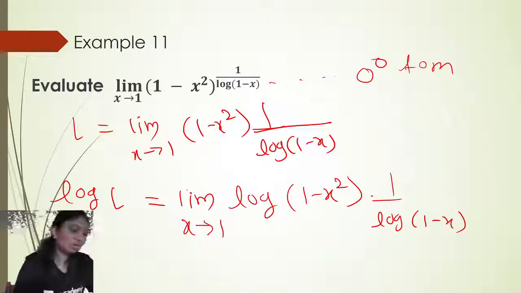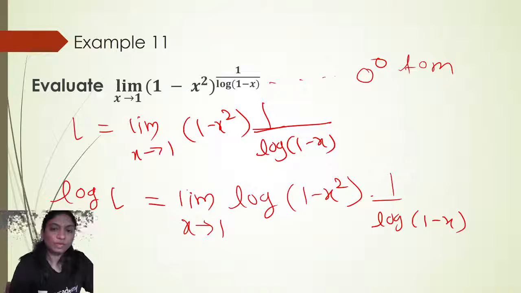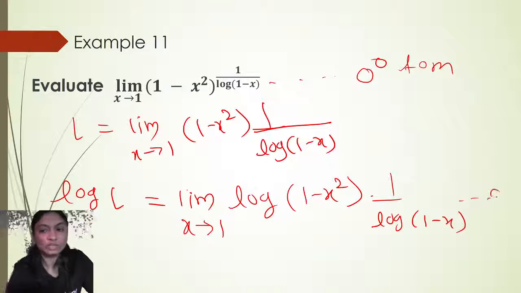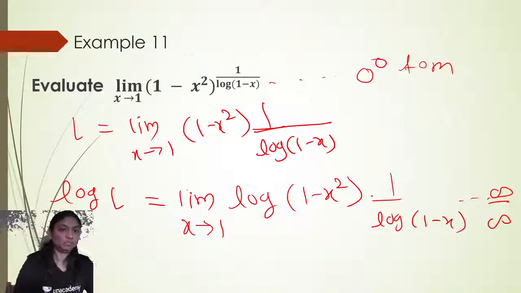Right? So taking log, you will get log L is equal to limit as x tends to 1 of log of 1 minus x square into 1 upon log of 1 minus x. So log of 1 minus x square upon log of 1 minus x. So limit as x tends to 1: 1 minus 1 is 0, log 0 is infinity, log 0 is infinity. So this is infinity upon infinity form, right?